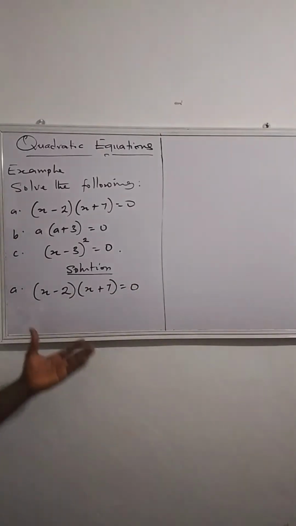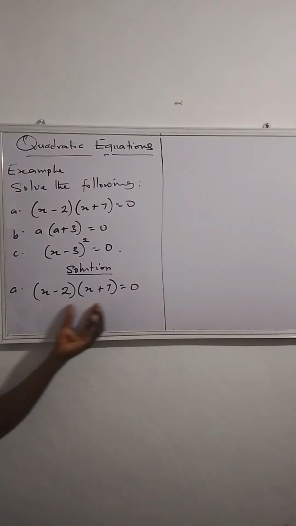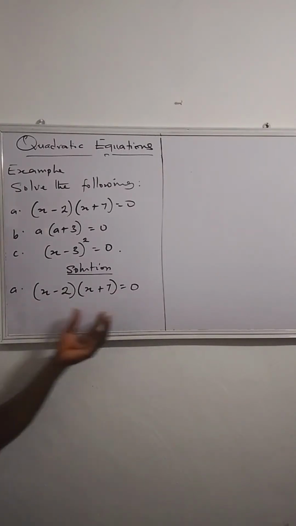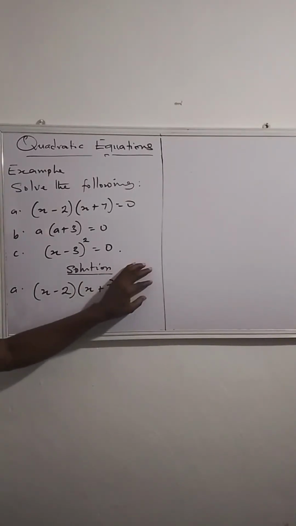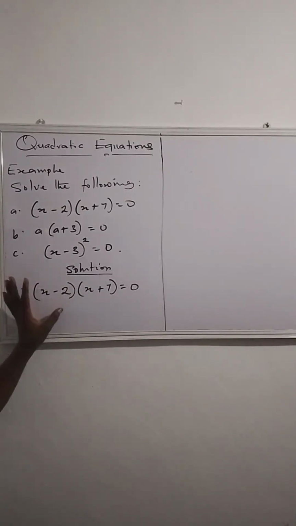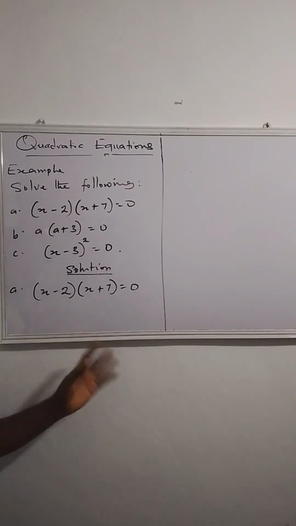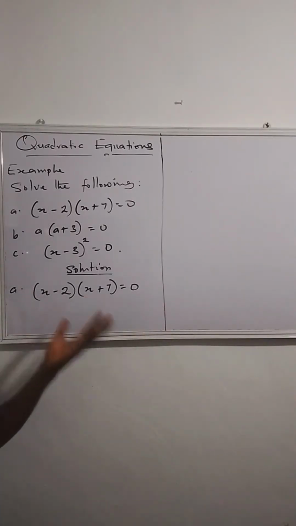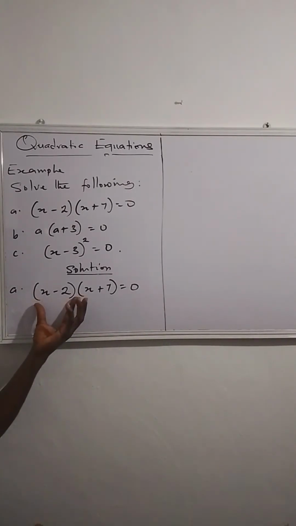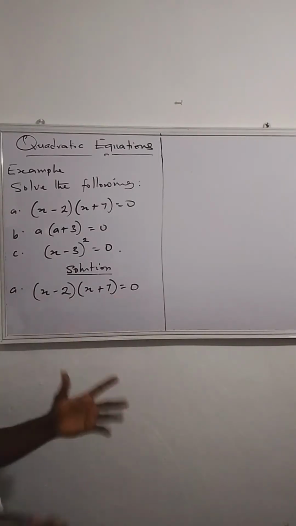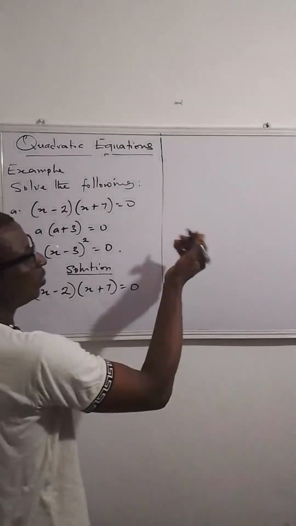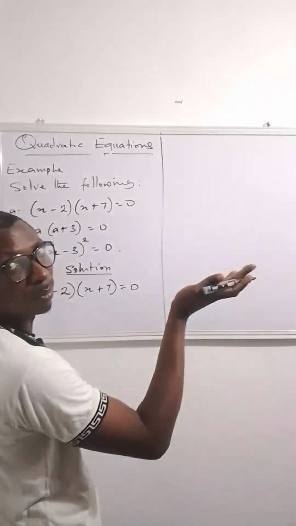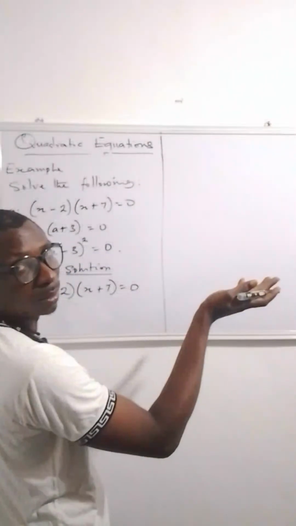Now look at this equation. We have two parameters multiplying each other. This times this equals 0. Whenever you multiply two numbers together and the result is 0, either the first one is 0, or the second one is 0, or both are 0. It's not possible to multiply two non-zero numbers and have 0.